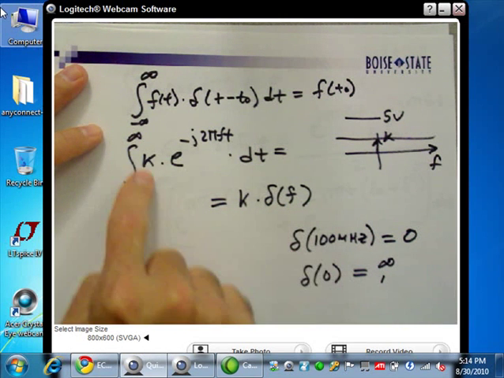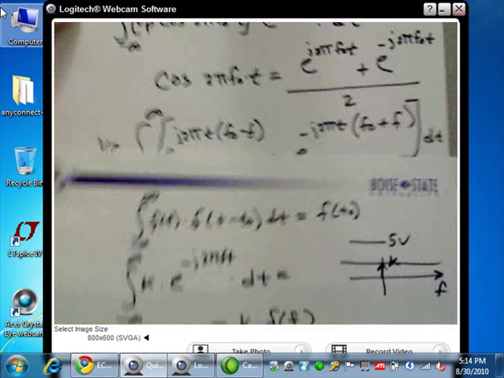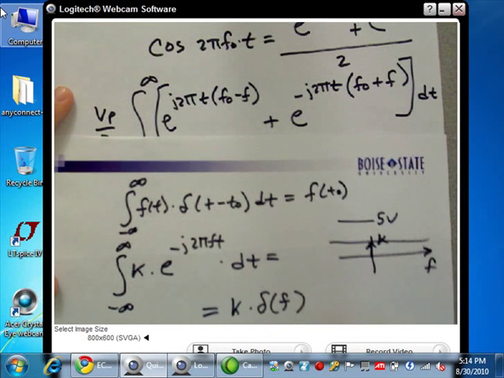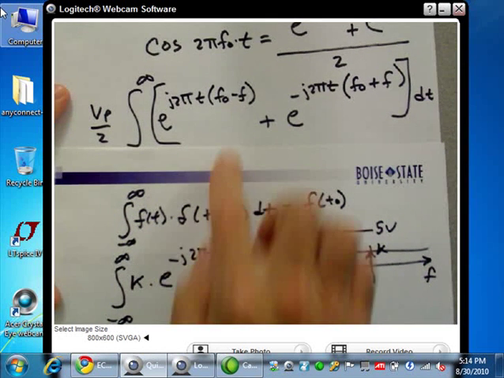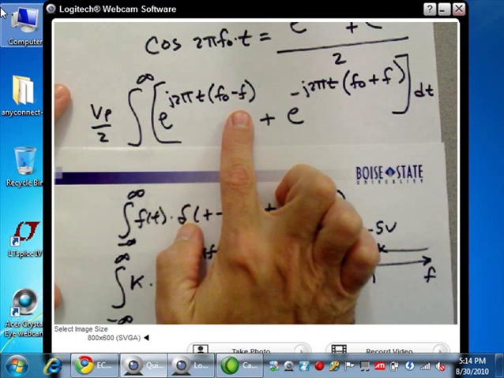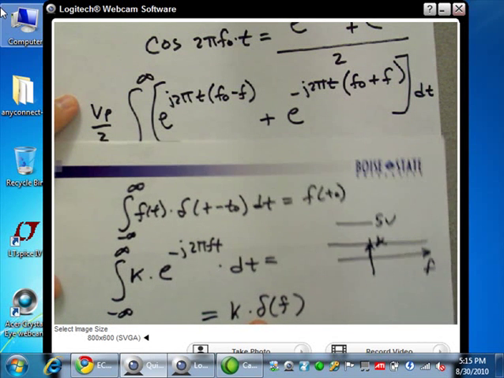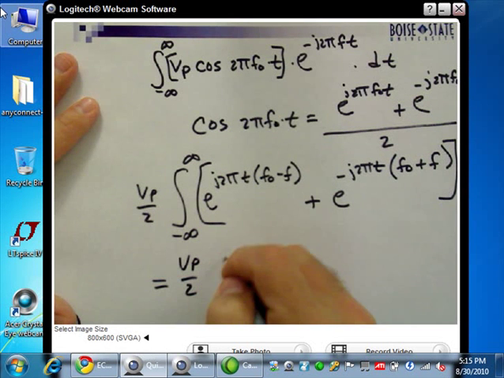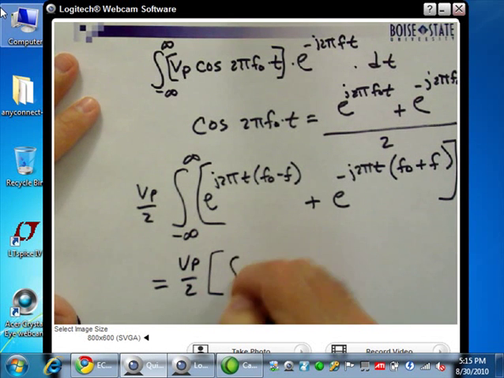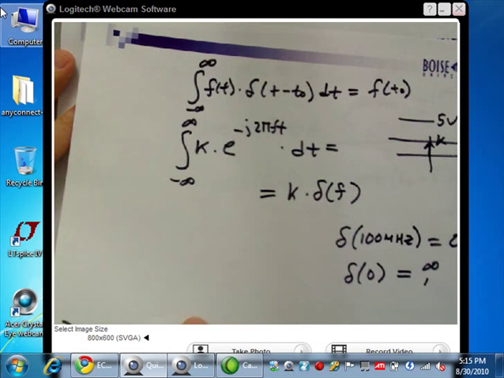So if I integrate from minus infinity to infinity of this, in this application right here, what's the only thing I need to do? I mean, what do I change f to? f0 minus f. Yeah. So that would be times del. Am I losing anybody on that? No?